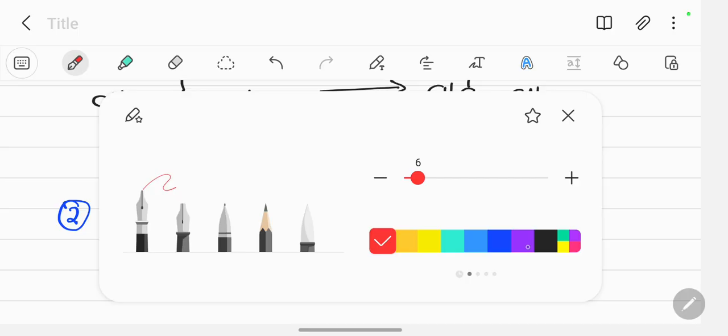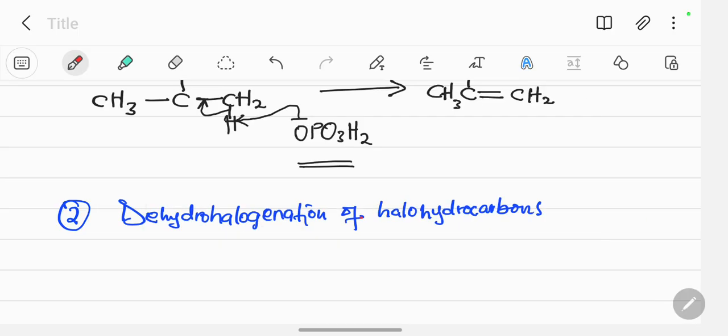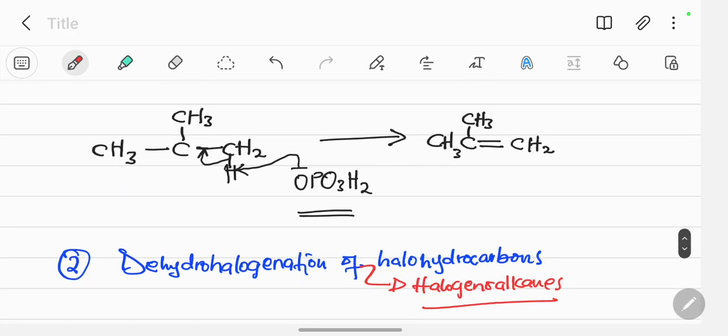Sometimes you call them halogenoalkanes. They have that halogen bonded to them.